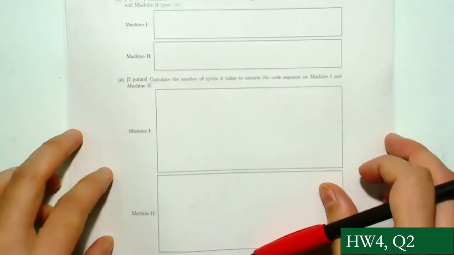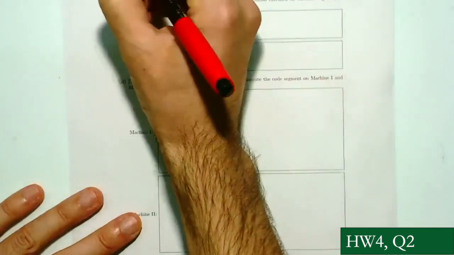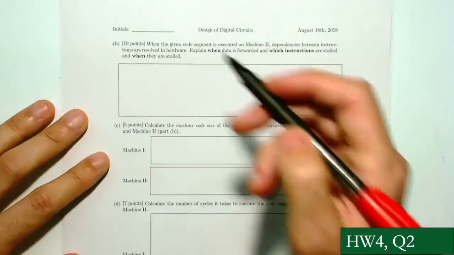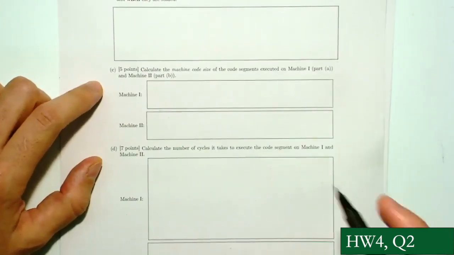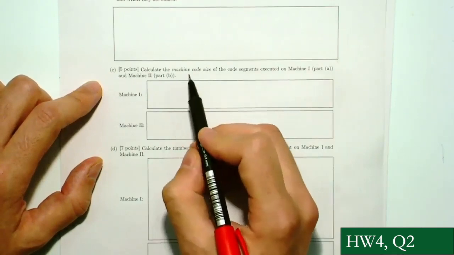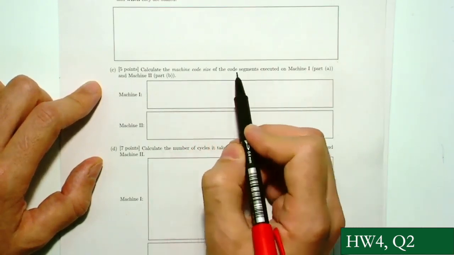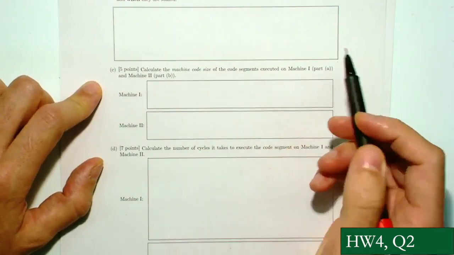So next question, I will leave this question to the end, and I will go to question C, because I think that is easier this way. Calculate the machine code size of the code segments executed on machine 1 and machine 2.